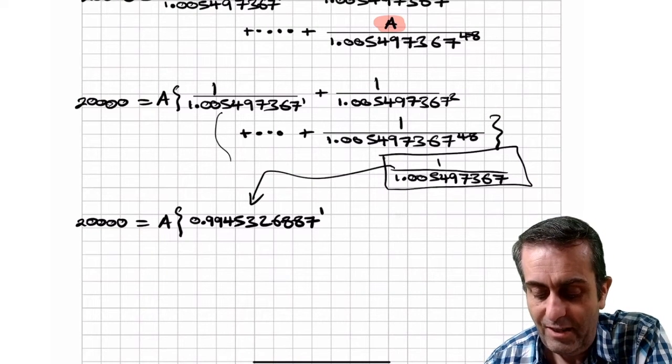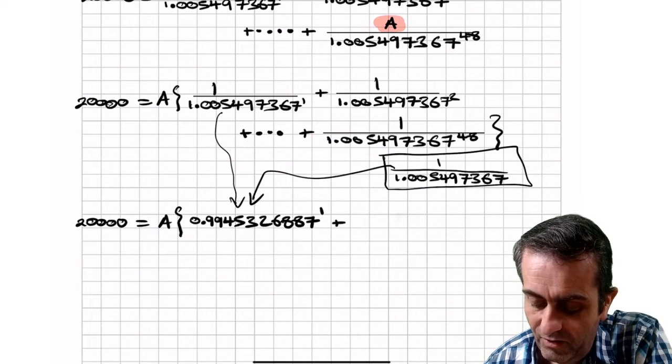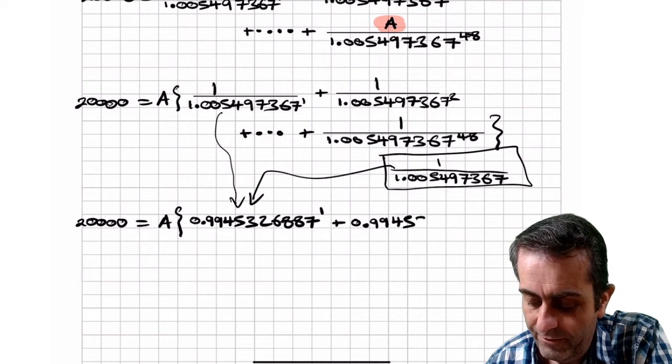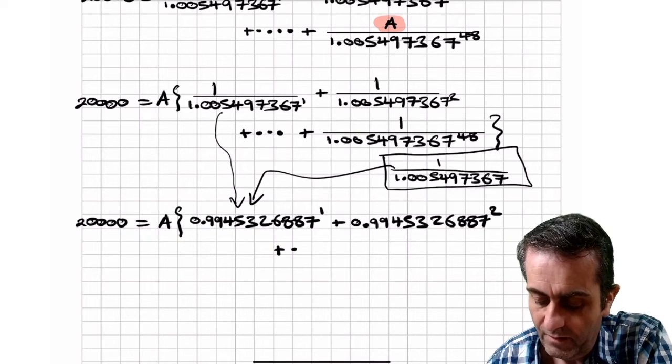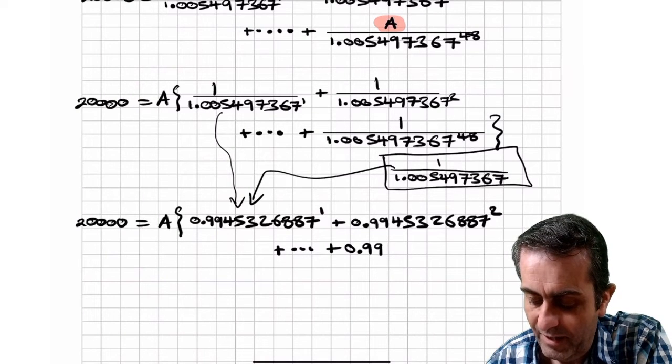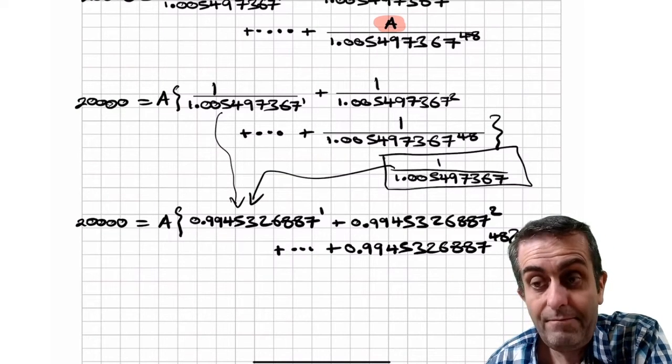So all I've done is I've now put that to the power of 1. The next term in the series is the same number, 0.9945326887 squared, plus all the way up to the last one, which is 0.9945326887 to the power of 48.